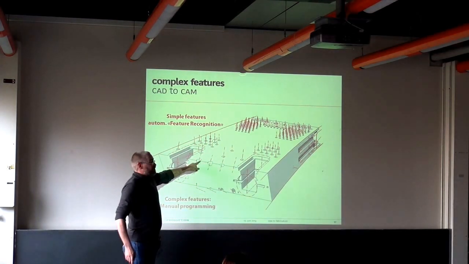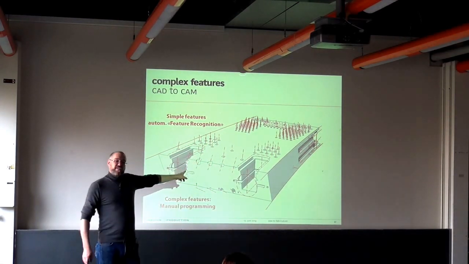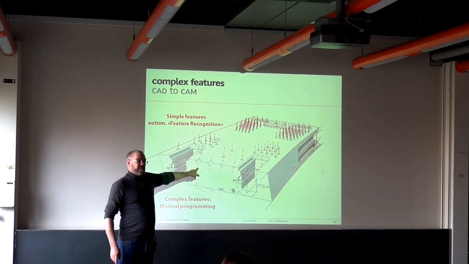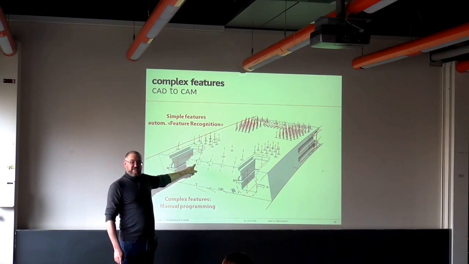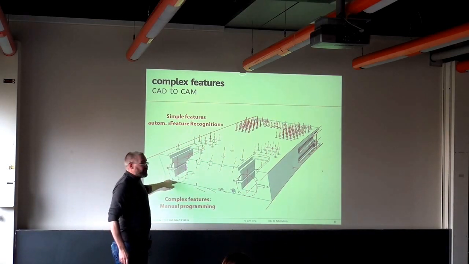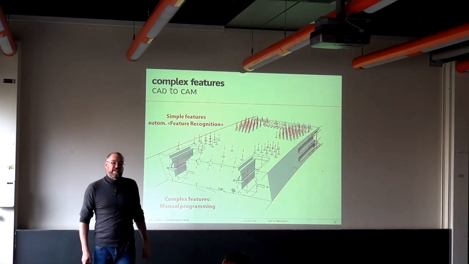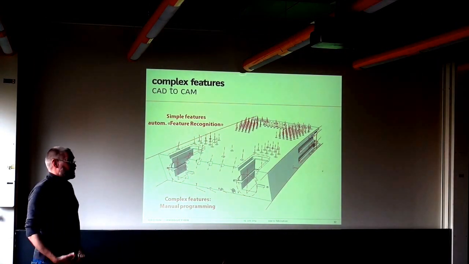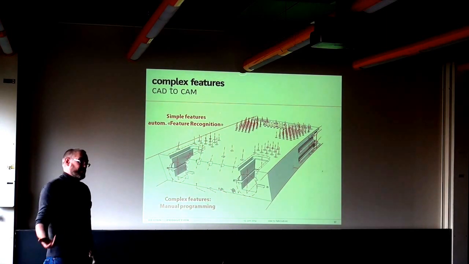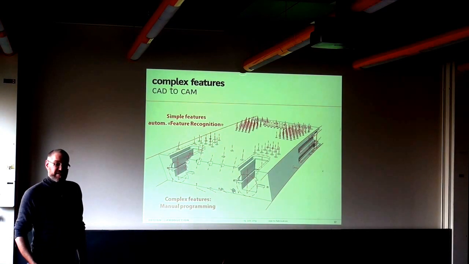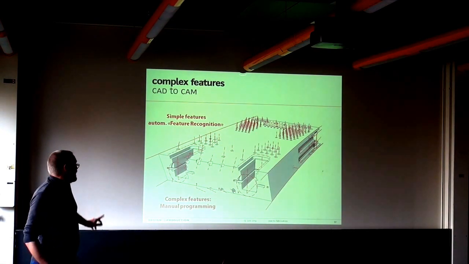If you only have the final geometry of the piece in your CAD software with a feature like this, how does a CAM system find out that this is actually a drilling hole? And this little thing here was a circular pocket. It can't. There's no way to automatically come back from the final geometry of the piece to the machining operation that you need to end up at this geometry.